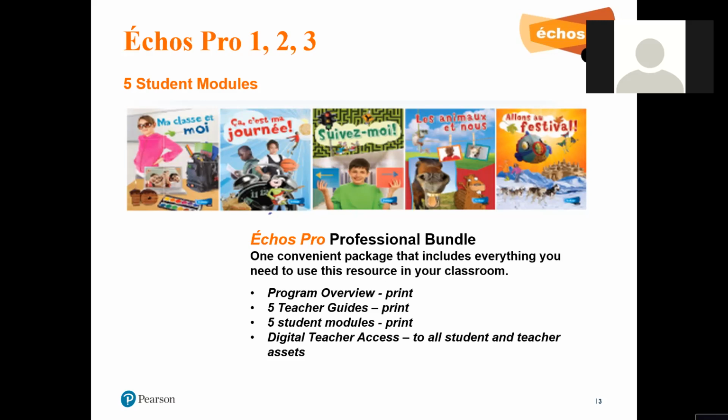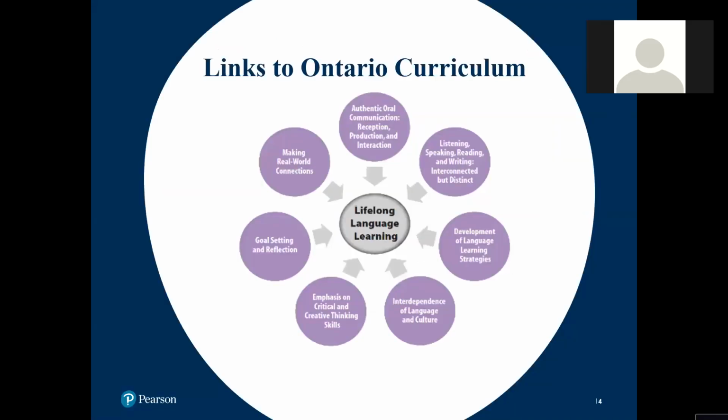So you get digital access to the program overview, the teacher guides, and the student modules. Now, the student modules are also available in a digital format for students as well, and that's a separate purchase from the professional bundle.